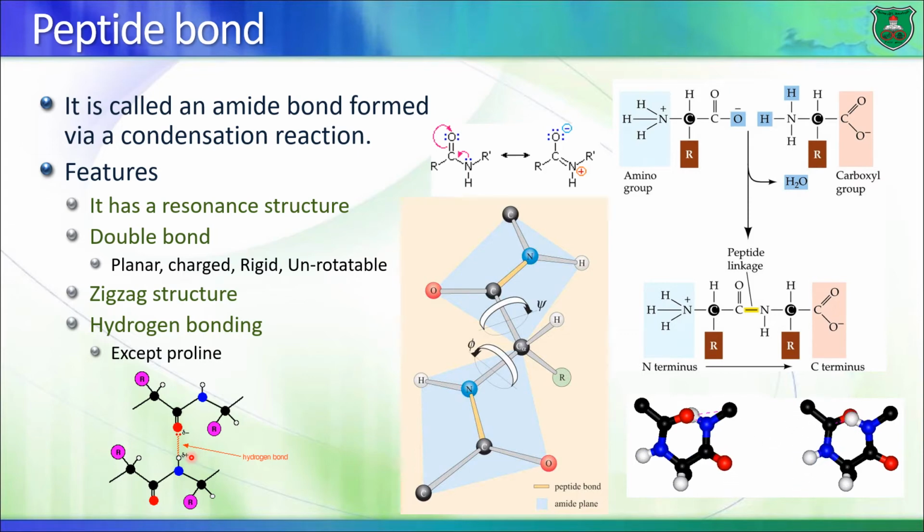Now, the other thing here is that you can have this rotation around the central carbon. So these groups can rotate, as you can see here. But notice that as amino acids rotate, you can have a repulsion formed between the different groups.